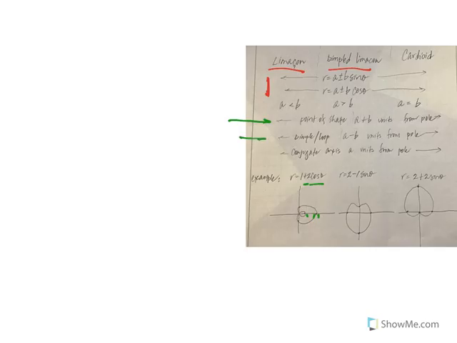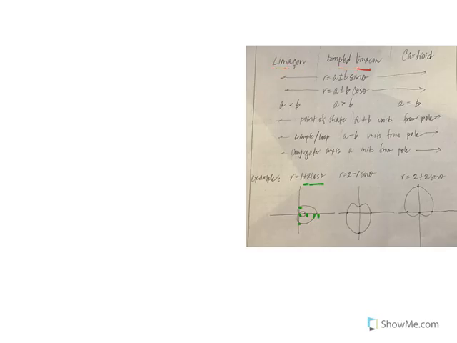Then the dimple or the loop will be A minus B. So I take 1 minus 2, that is negative 1. Again, we're just talking about distance. I know it's a limaçon because B is greater than A, so it is 1 unit toward the point of the shape, which is where that is right there. And then I've got the conjugate axis. That is 1 unit up and 1 unit down because it's perpendicular to the axis of symmetry. That's where these two come from. And then I also know that limaçons and cardioids touch the pole, and then I just kind of sketch it out. All right, let's get rid of all this, and we'll do a couple of these.